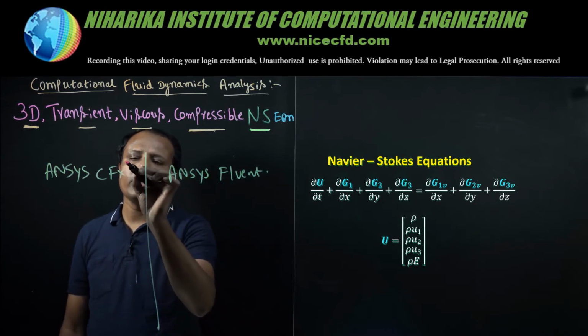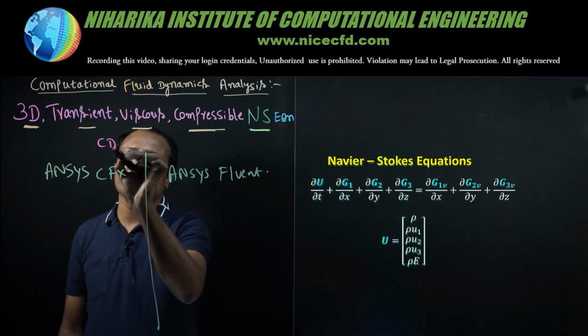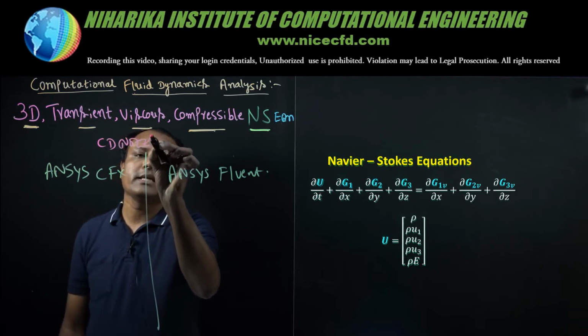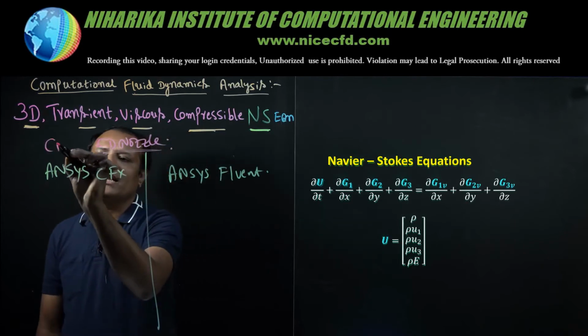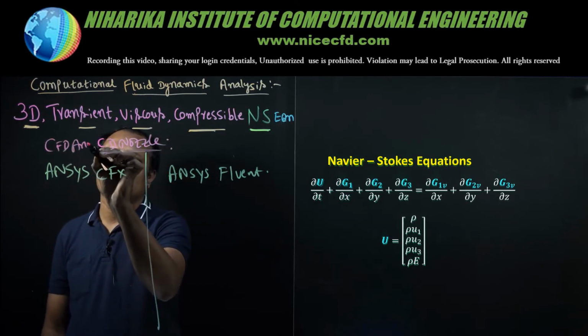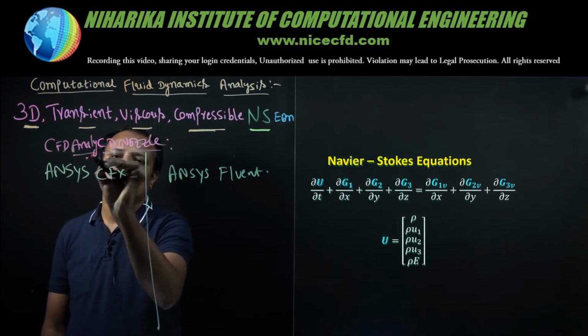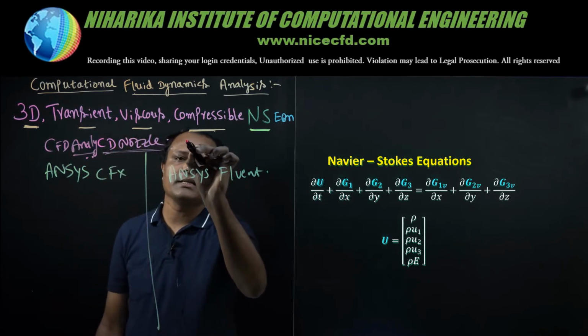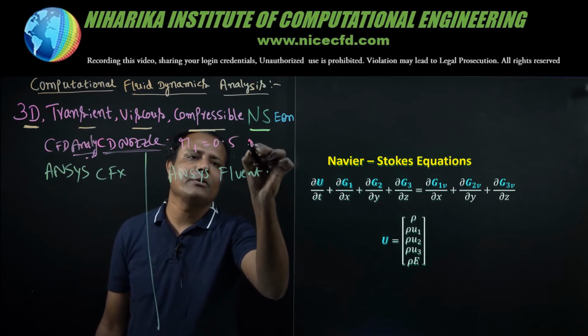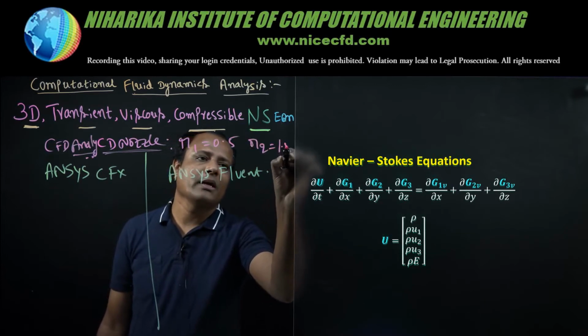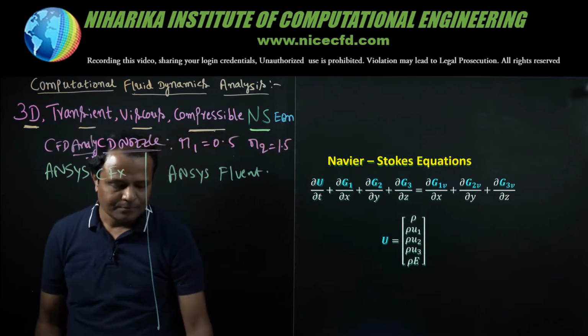I will take a simple example. You are doing CFD analysis of a CD nozzle. Let us say it will accelerate from Mach number 0.5 to Mach number 1.5 at the outlet.